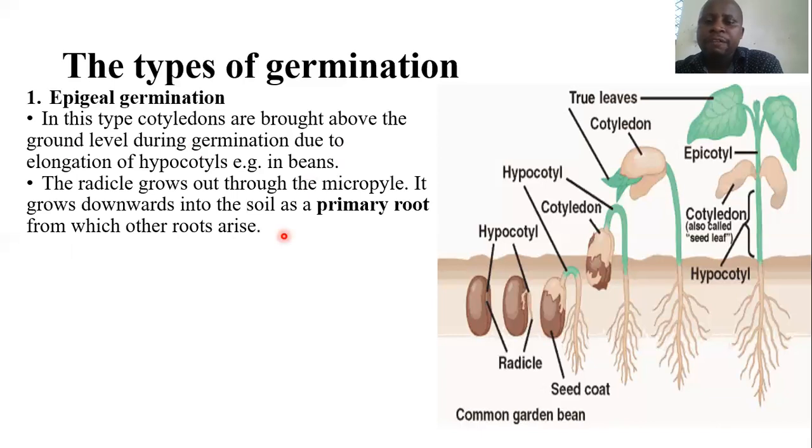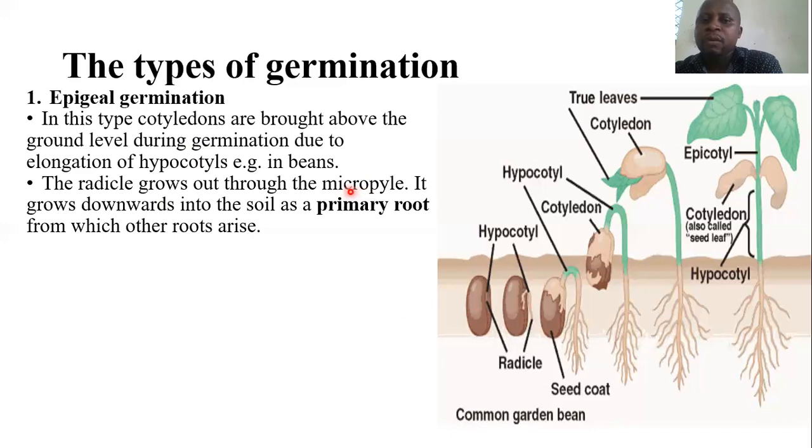The very first thing here is that the seed, as we have seen earlier, will absorb water through the micropyle and become swollen, a process called imbibition. Then the radicle will grow out of the seed through the micropyle.